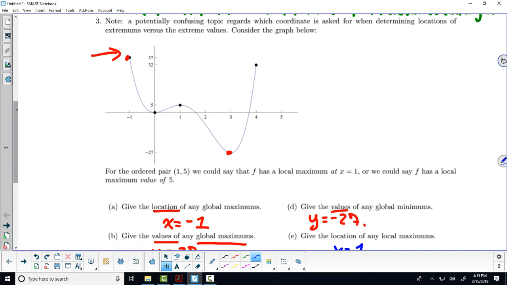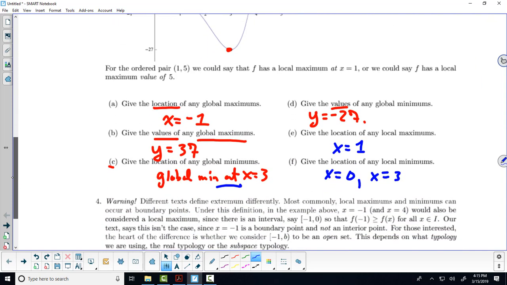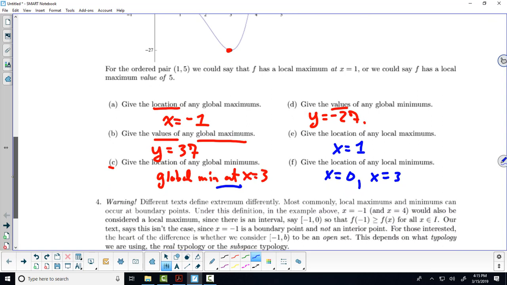We might have several global maximums and several global minimums. Likewise, in this example, we did have two local minimums, but only one local max. That's just function dependent. The only thing I want to emphasize here is that the local extrema cannot occur at the endpoints in this class.